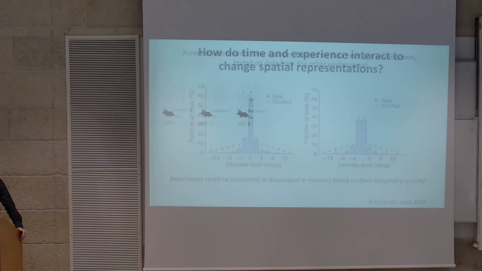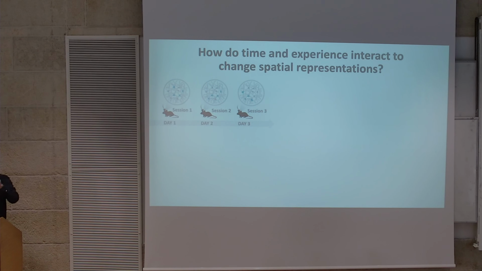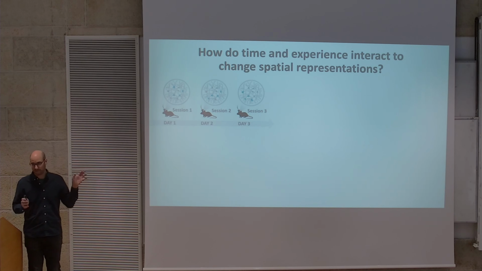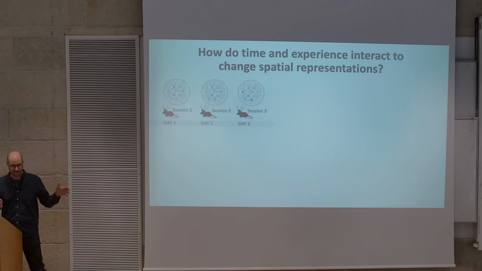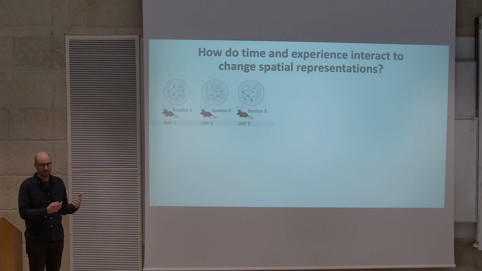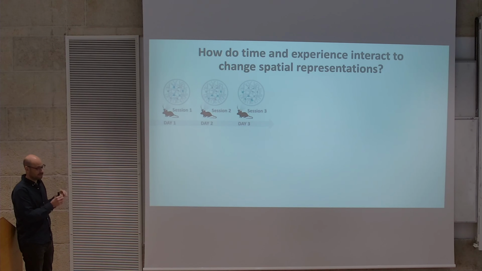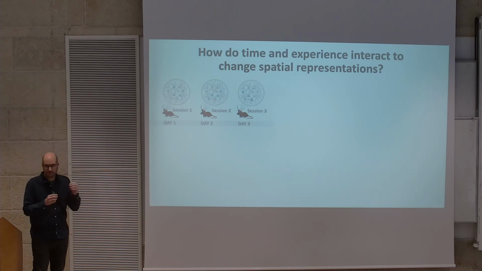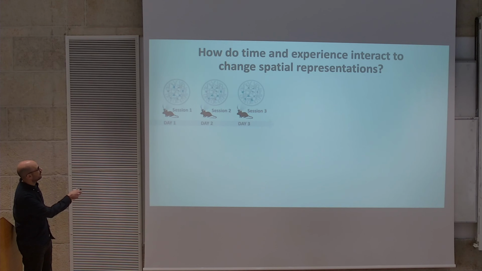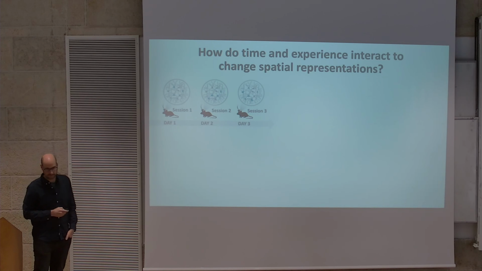Okay. So I showed you the mouse was running back and forth, and that things are changing over time. But the experiments I showed you were not designed to dissociate between the passage of time and the amount of experience that the mice had. So if we see a difference between the representation on day 1 and day 3, we don't know if the difference is because they are 2 days apart or because they are 2 sessions apart.